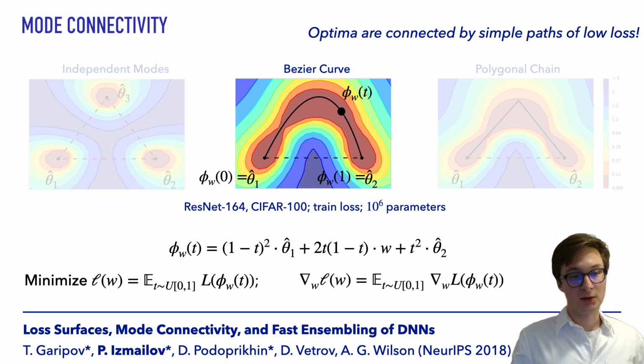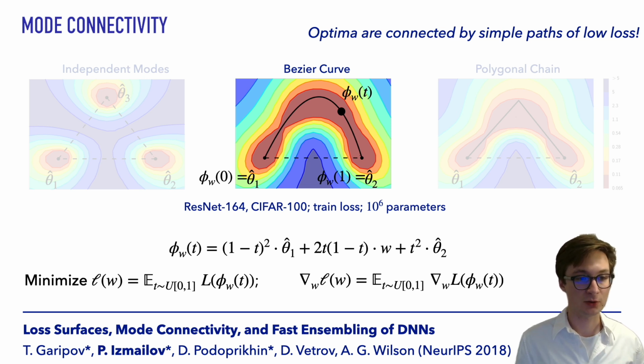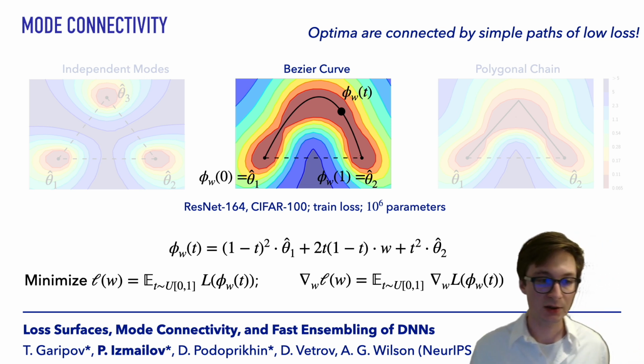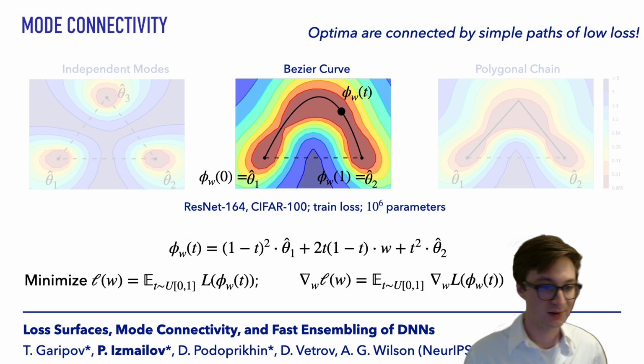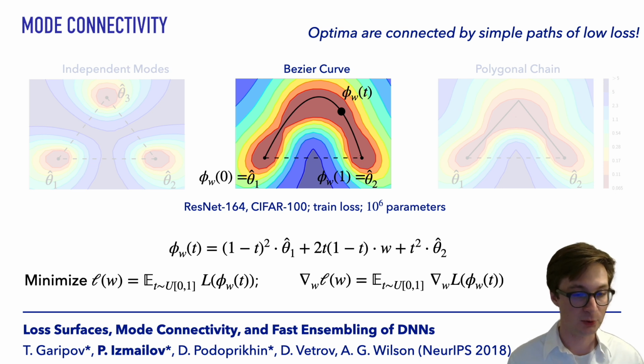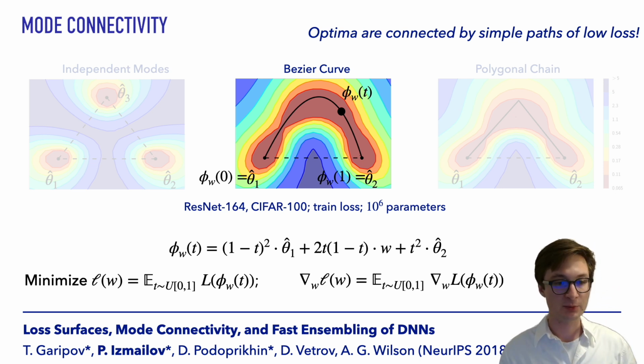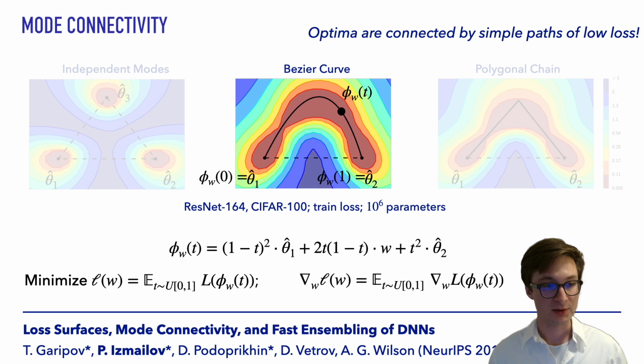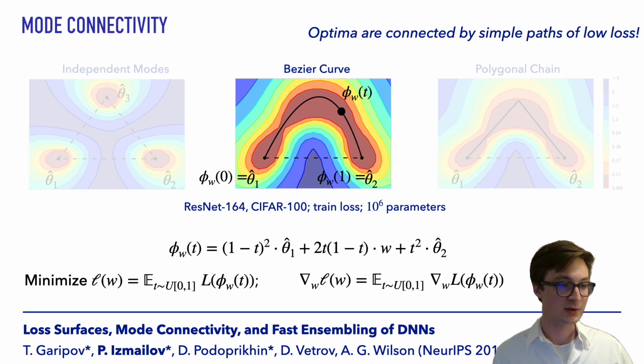And we can actually minimize this loss function very easily using gradient descent, using the method called the reparameterization trick, which is also quite popular within the Bayesian deep learning variational inference community. But what's important for us here is that this reparameterization trick just allows us to compute the gradients with respect to the parameters of the curve.